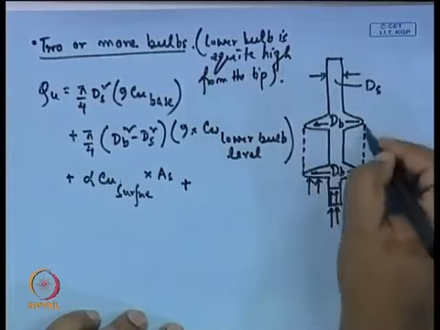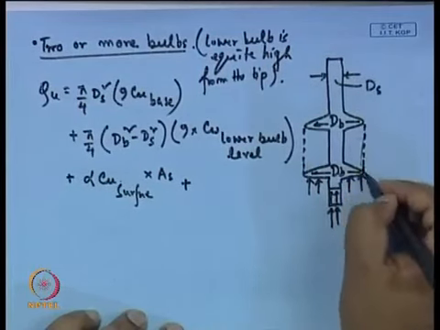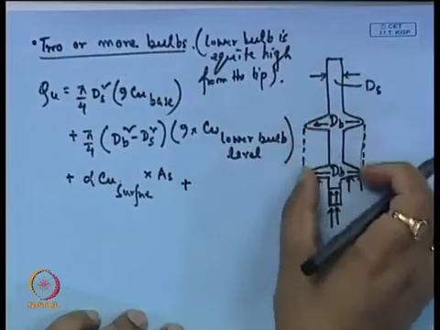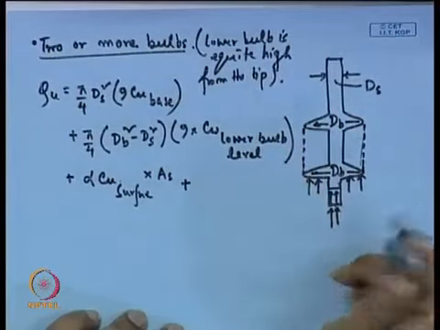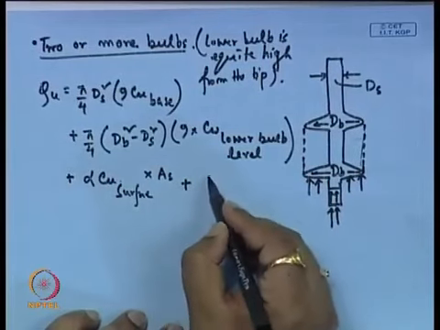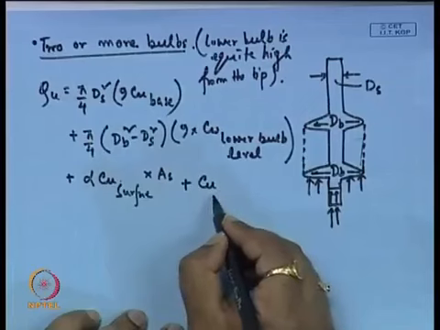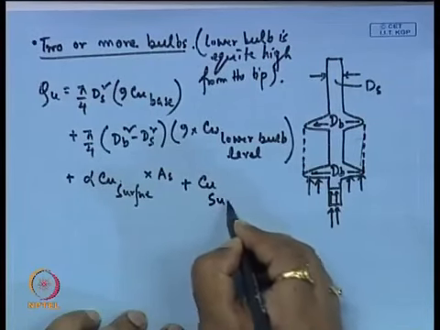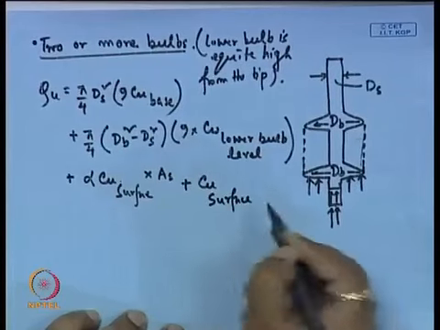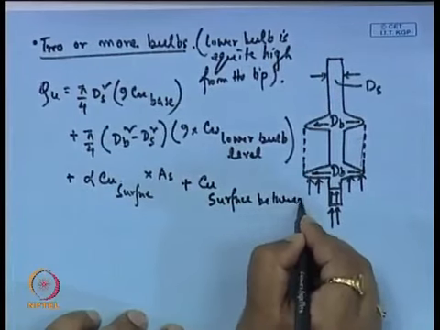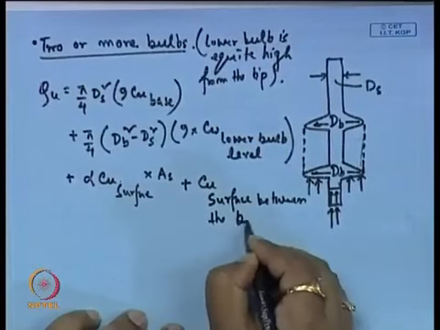If we consider one cylinder, we are getting resistance from these two cylinders due to the movement of these two bulbs. So, another resistance we will get, that is Cu at the surface between the two bulbs, the surface Cu between the bulbs.